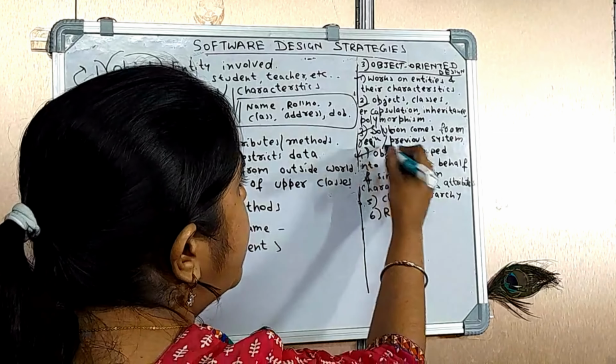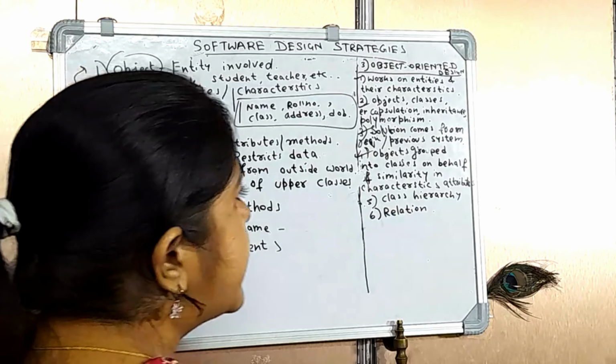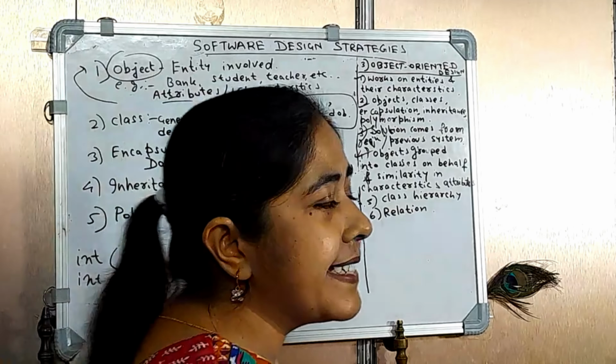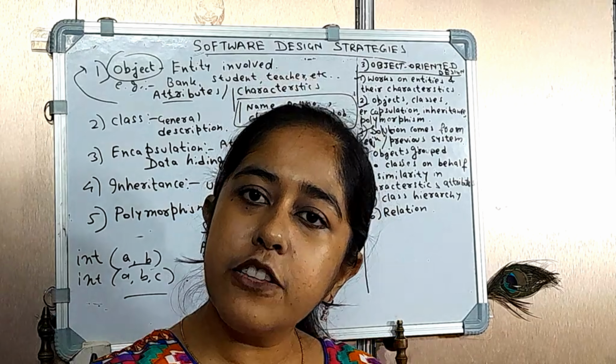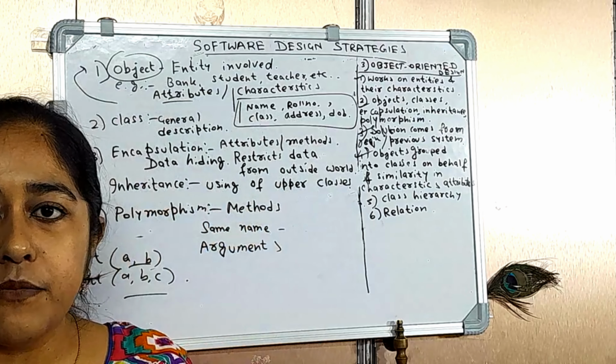Now what happens? Objects are grouped into classes on the basis of similarity in characteristics or attributes. What we are doing is grouping the classes on the basis of similarity of attributes. These similarities are taken for the grouping purpose here. In the case of functions, we have seen how we grouped functions together on the basis of operation.